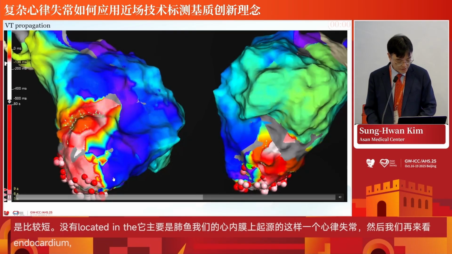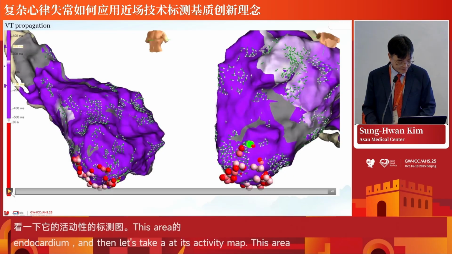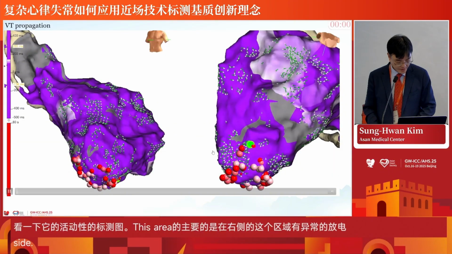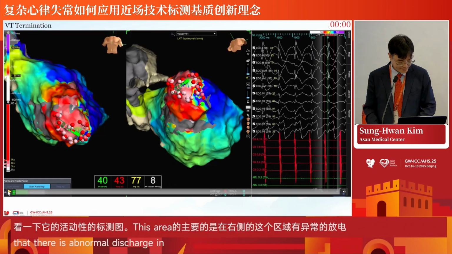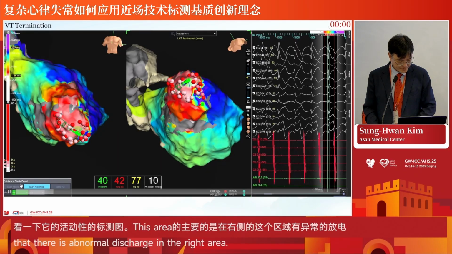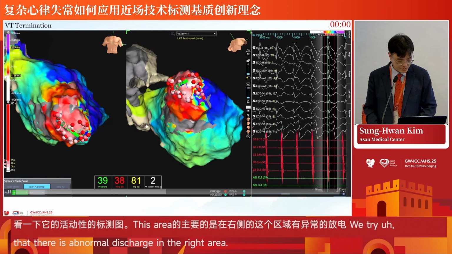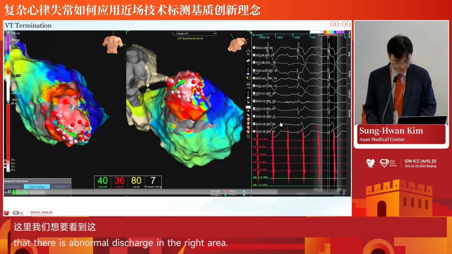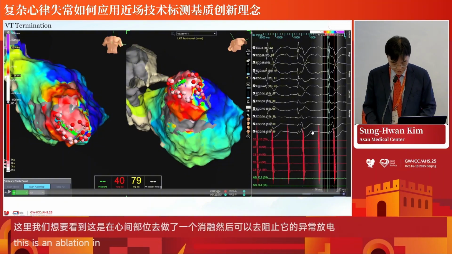Omnipolar technology clearly shows this area. We tried ablation on the critical isthmus at the apex. We could terminate the VT. Very luckily, no VT was induced anymore.